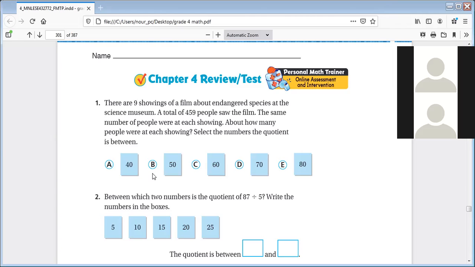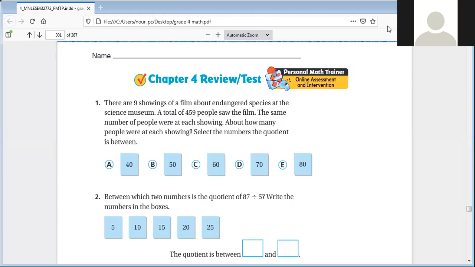The same number of people were at each showing. About how many people were at each showing? Select the numbers the quotient is between.